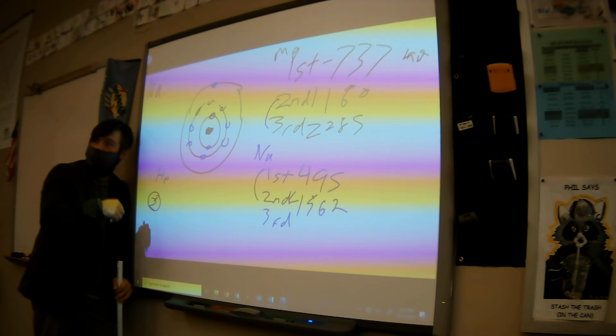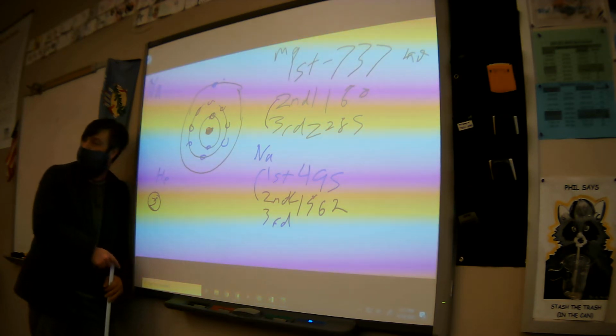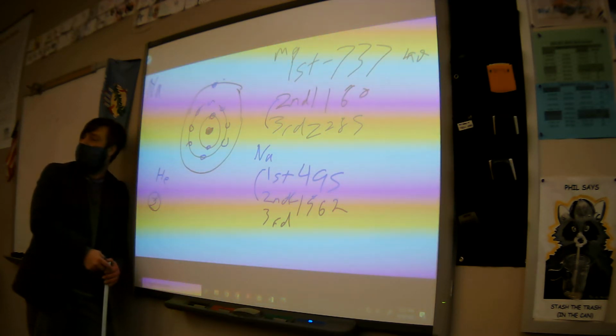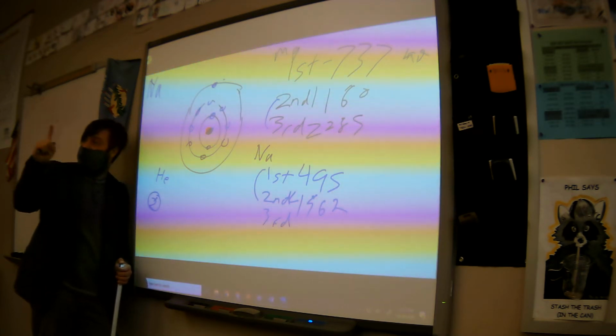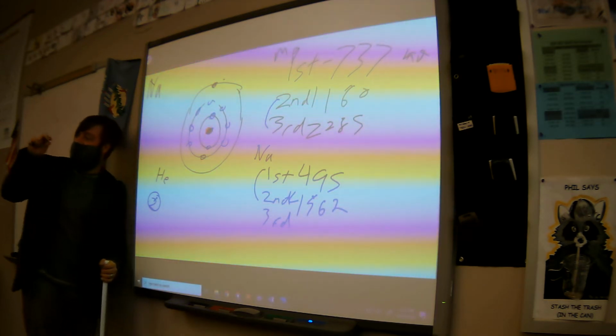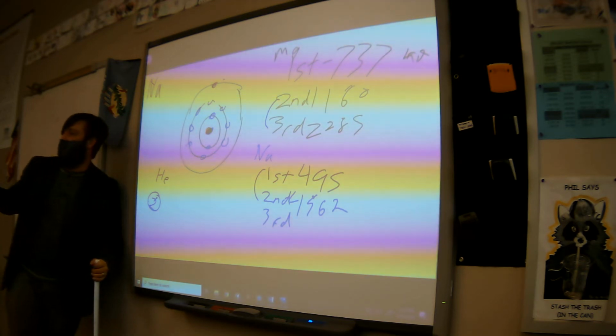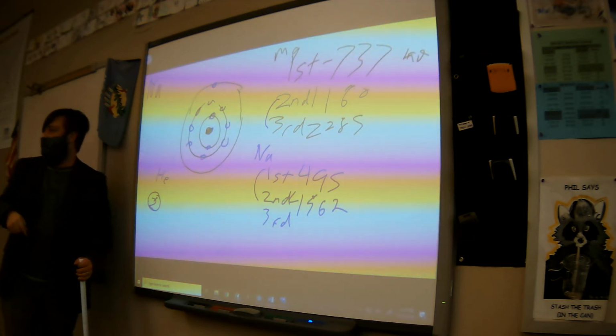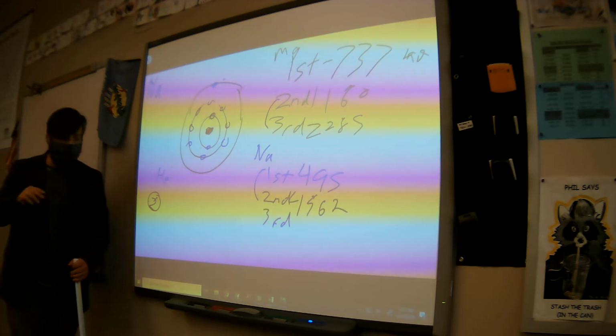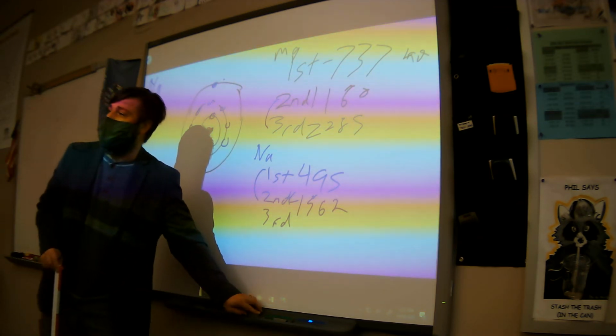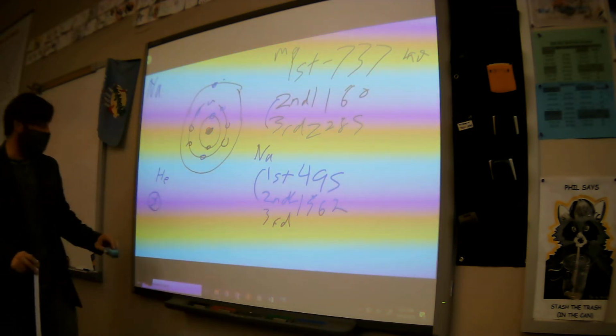So why wouldn't the same be true for hydrogen? It's also one energy level, right, but how many protons does it have? 1. Half the number, so it's half as strong. There are also a lot of other reasons why hydrogen does this. We'll get to it when we do acids and bases.